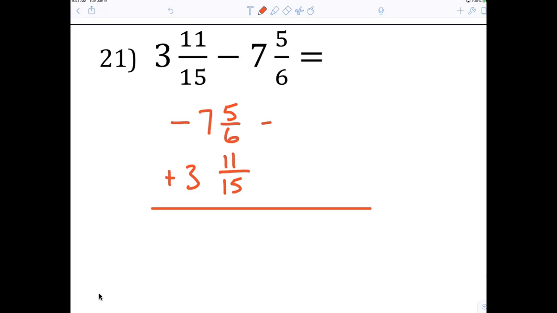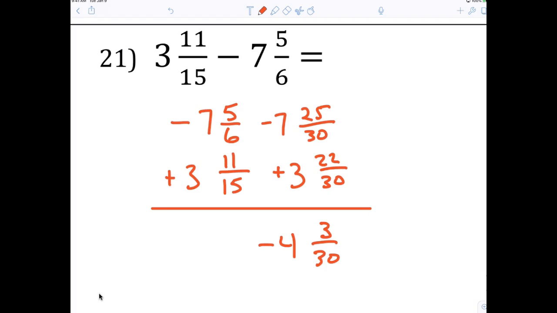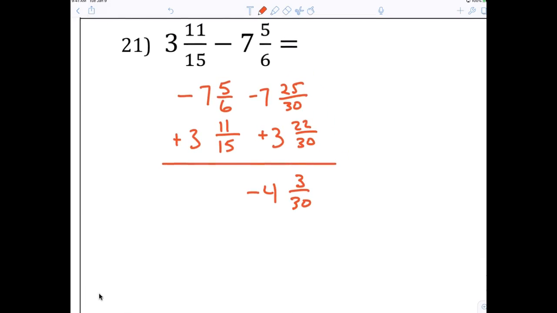So this is going to be negative 7 and 25 over 30 plus 3 and 22 over 30. Subtracting, I have 3 over 30 and negative 4 and 3/30. And then we reduce that to negative 4 and 1/10.